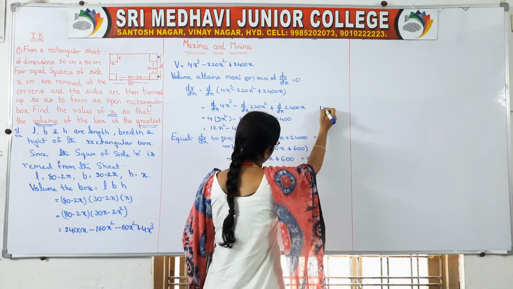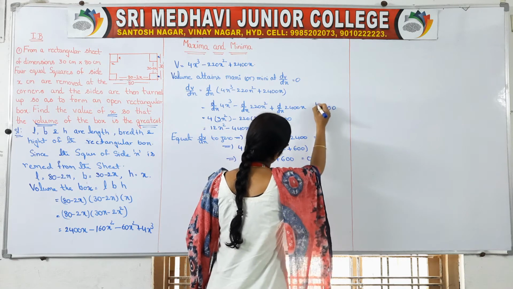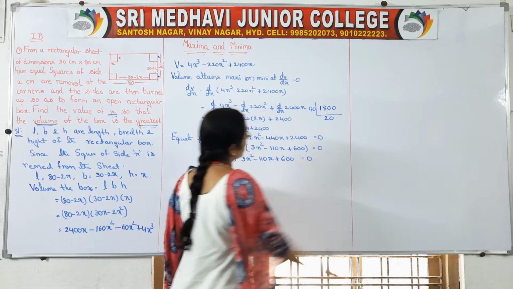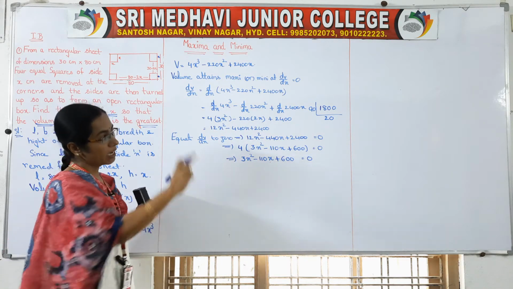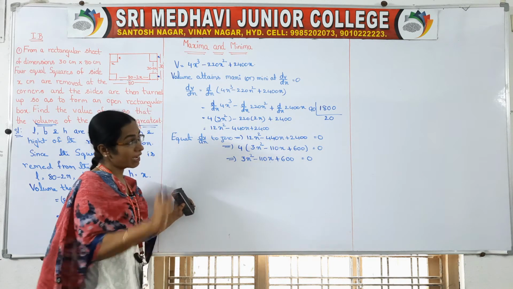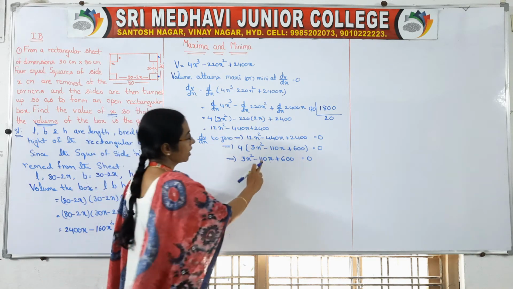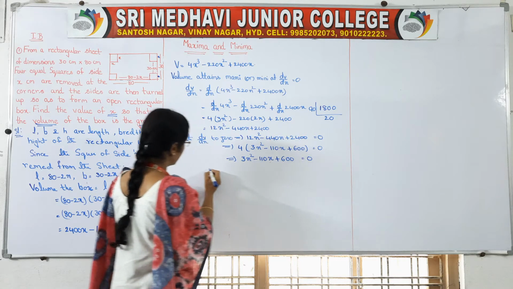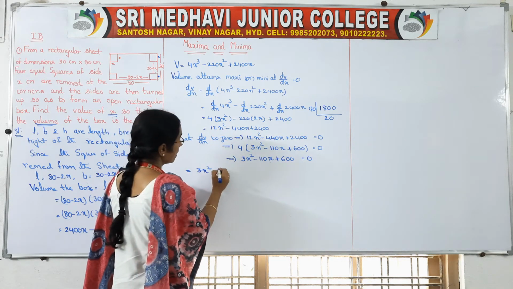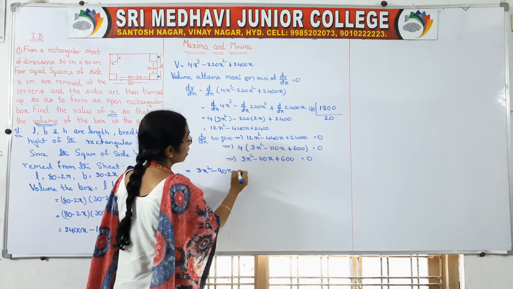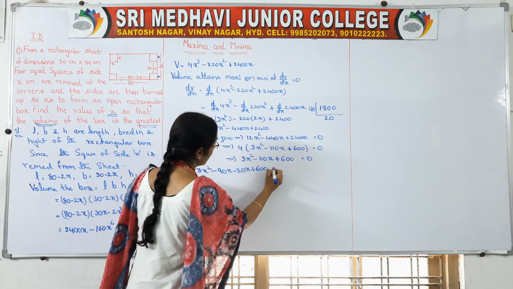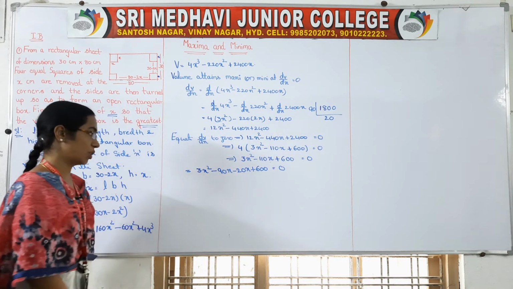So it is 1800. Find the numbers 90 and 20: if you add minus 90 and minus 20, you will get minus 110. So it is 3x square minus 90x minus 20x plus 600 is equal to 0.